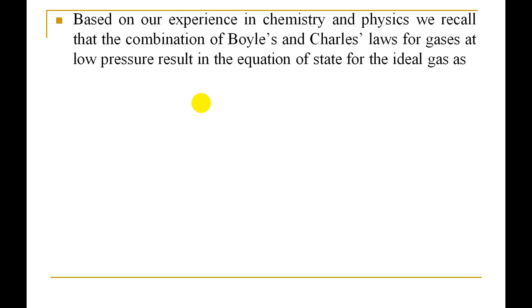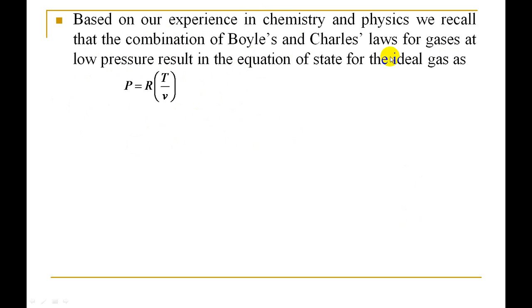Based on our experience in chemistry and physics, we recall the combination of Boyle's and Charles' laws for gas. From these two laws we have this relation: PV/T = constant, a well-known equation.